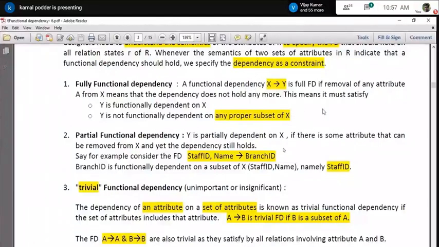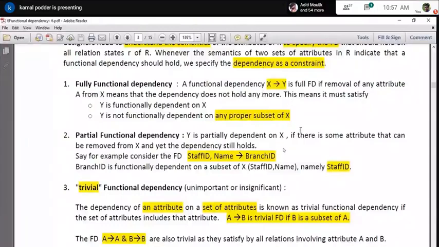If you drop one attribute, then looking at that data again, that functionality does not exist. That means if you take a proper subset of X, Y is not functionally dependent on the proper subset. If it is that type of thing, then we call it fully functional dependent.